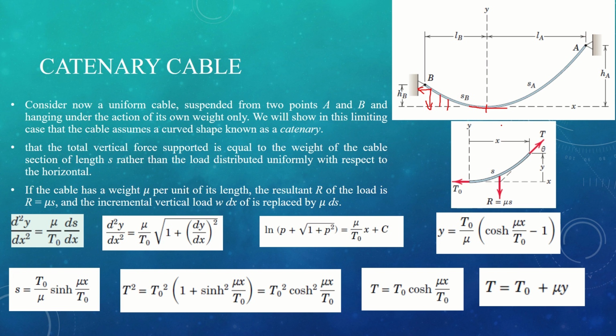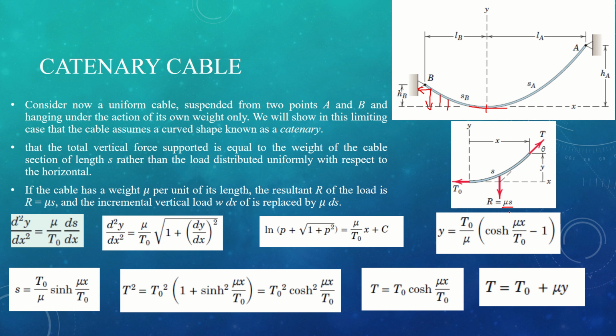Let's say this cable has a weight of mu per unit length right here, and S is the total length of this small section. So for a very small arrangement, the resultant force of this small length S would be dR equal to mu ds, because mu is fixed.